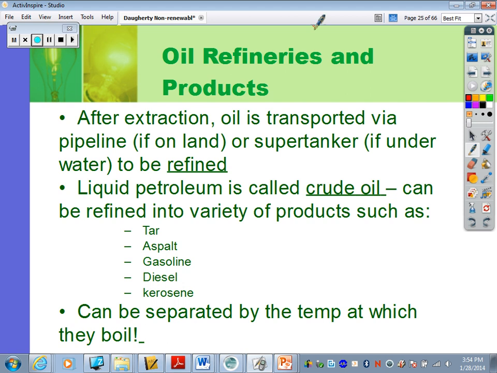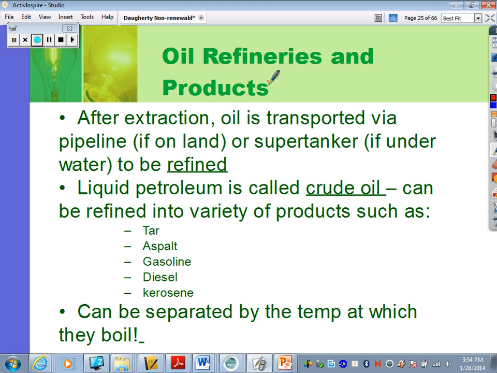Okay, so when we extract oil, you can actually make lots of different things from it. That's what this is saying. It says after extraction, oil is transported via pipeline if on land. So if you're doing the drilling and extraction on land, you can send it through pipelines, which I've already said we have a pretty extensive system of in this country, or a super tanker if it's on water, and it needs to go to a refinery to be refined.